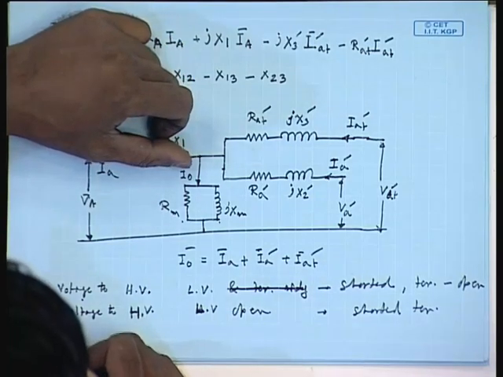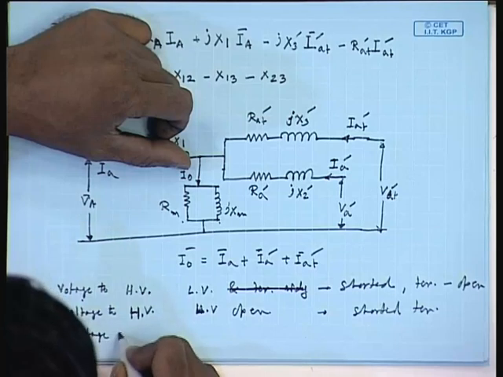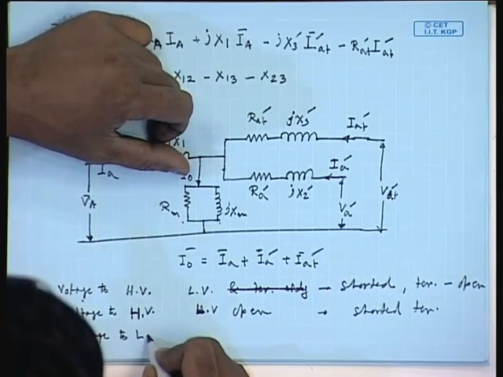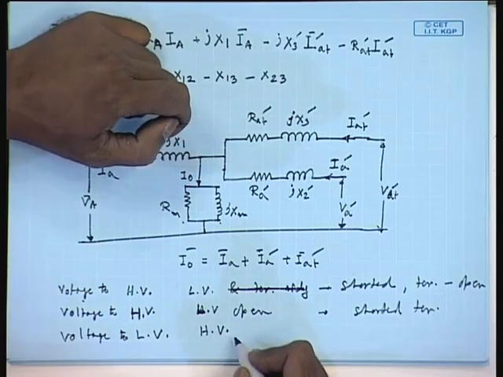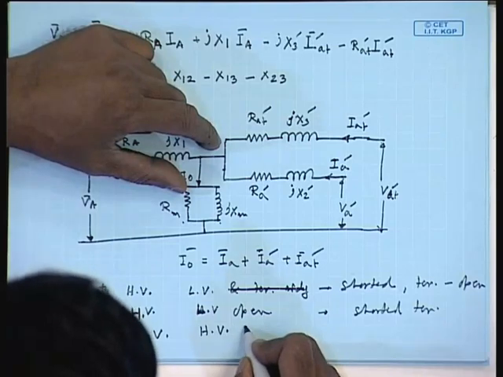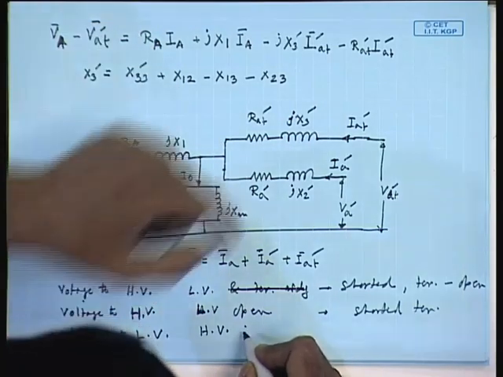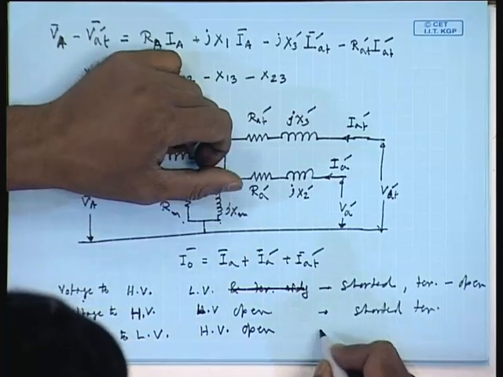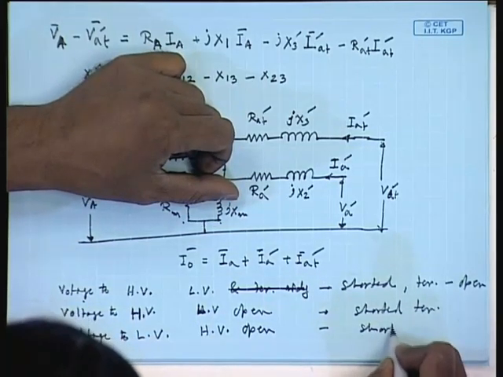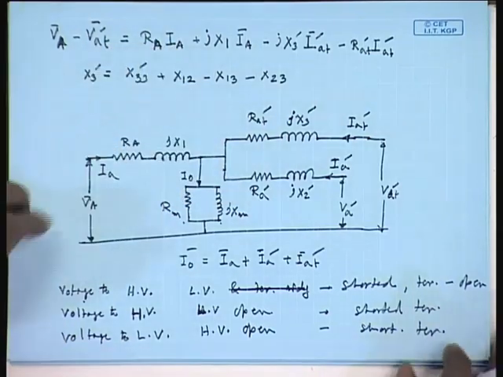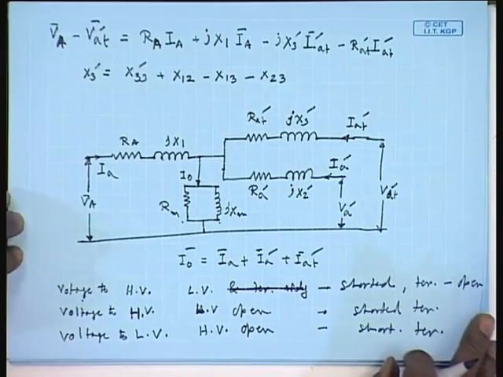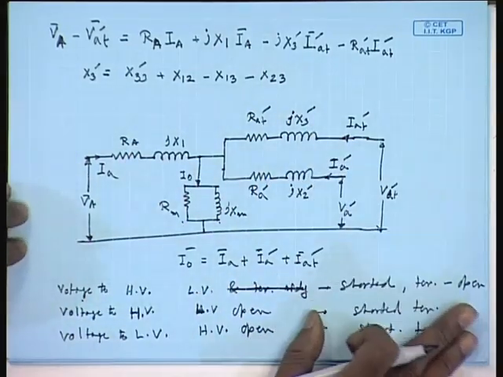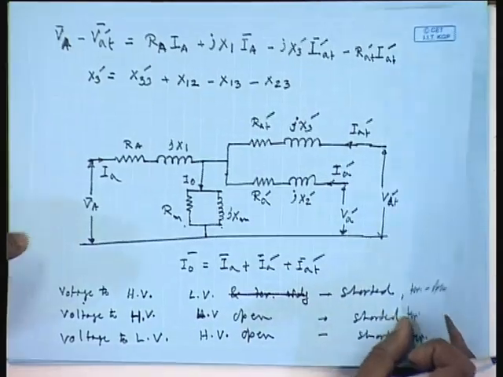Then voltage to LV winding, HV winding left open and short circuited tertiary winding. From these 3 sets of short circuit test data, we can find out the parameters of a 3 winding transformer. Let us see how through an example.